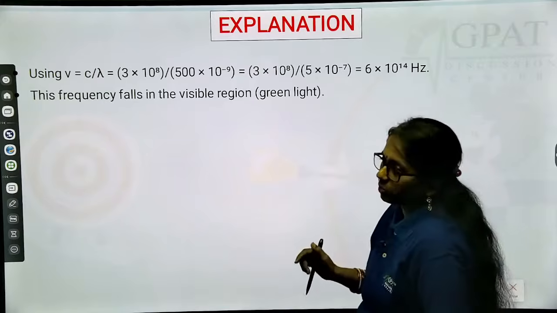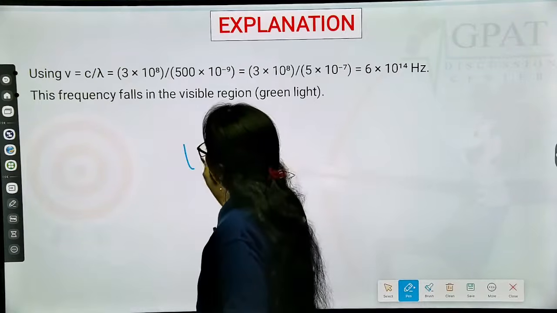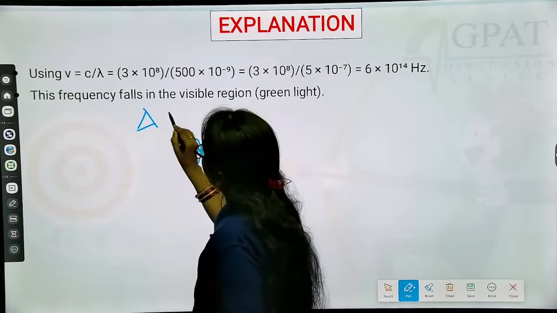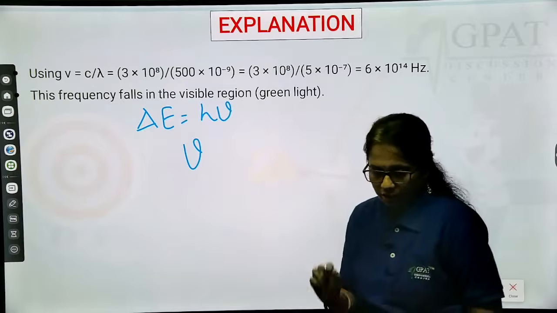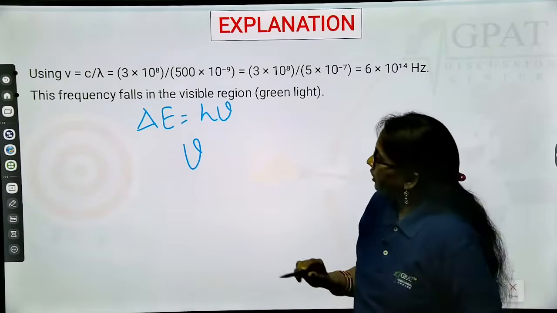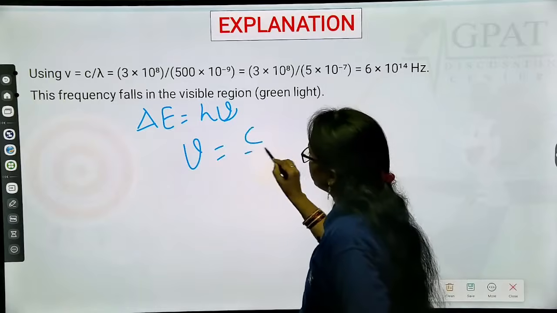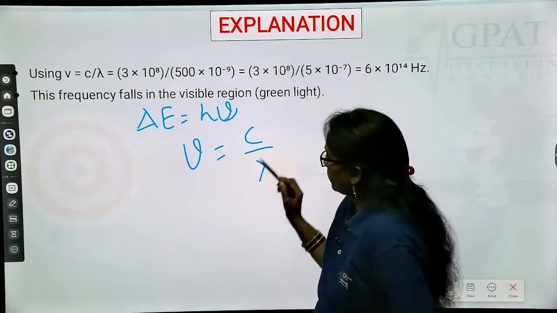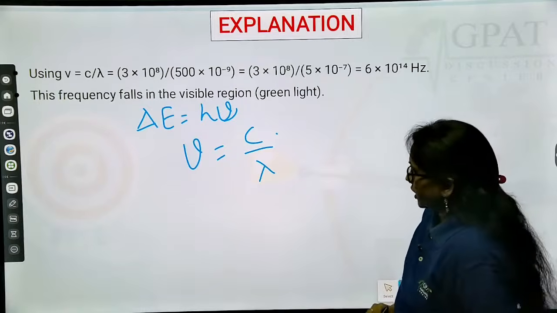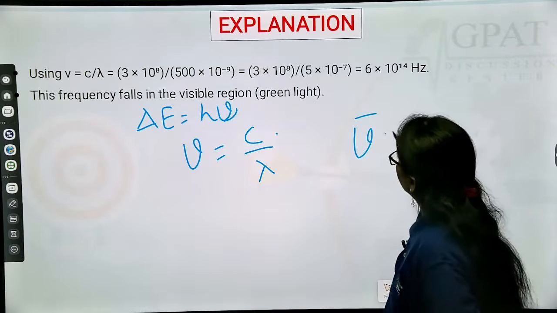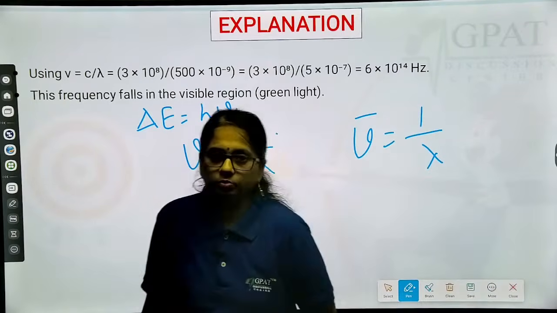Frequency, we know the formula. Let us see this slide. We know the equation delta E equals h nu, where h is Planck's constant. This nu, the frequency, is c by lambda, the speed of light divided by the wavelength of the radiation, and the wave number is the inverse of the wavelength.